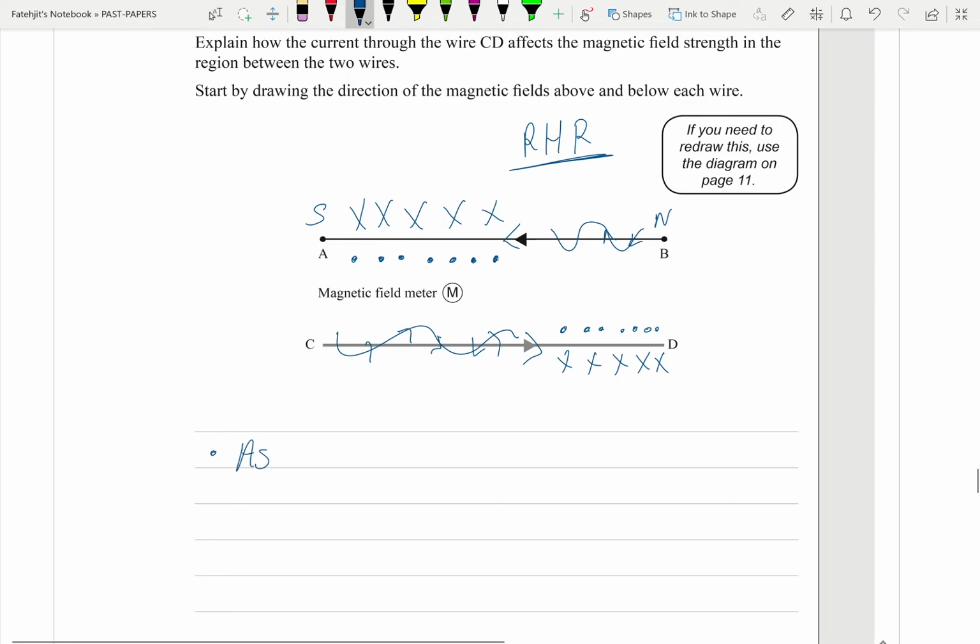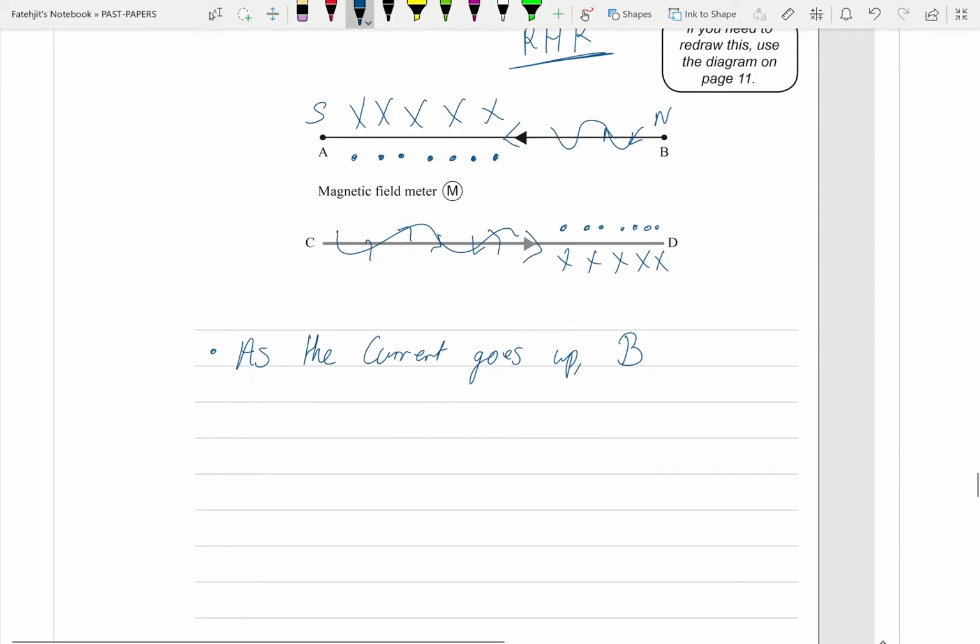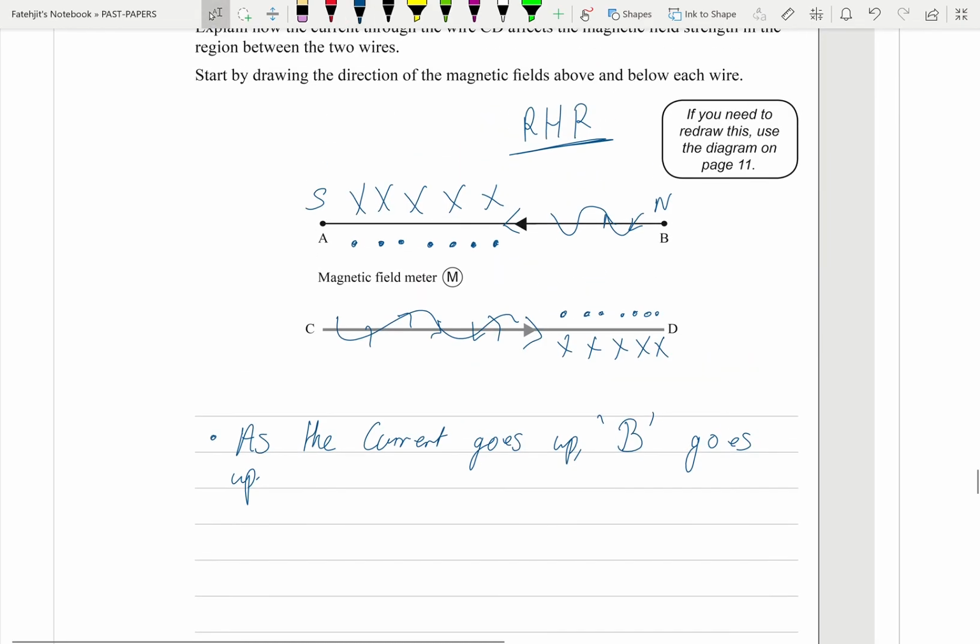Cool. So we can say as the current goes up, magnetic field strength B also goes up. This is because the magnetic field, so for example, say this is the north magnet, this is the south magnet, it flows this way, these are the magnetic field lines.